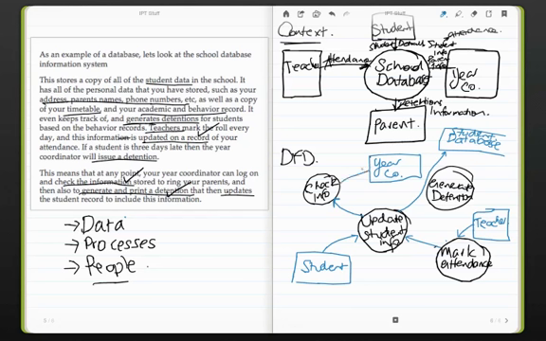Then that process would notify the year coordinator. The year coordinator would issue a detention, which would be updated in the student database, which information would then go back to the student. Oh, that's a lot. Okay, so that's a basic data flow diagram.